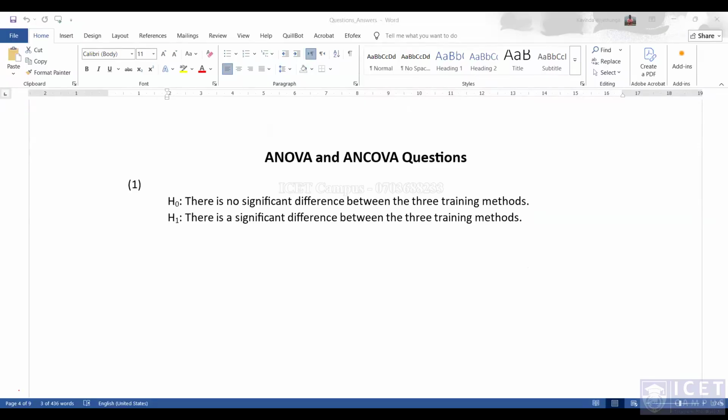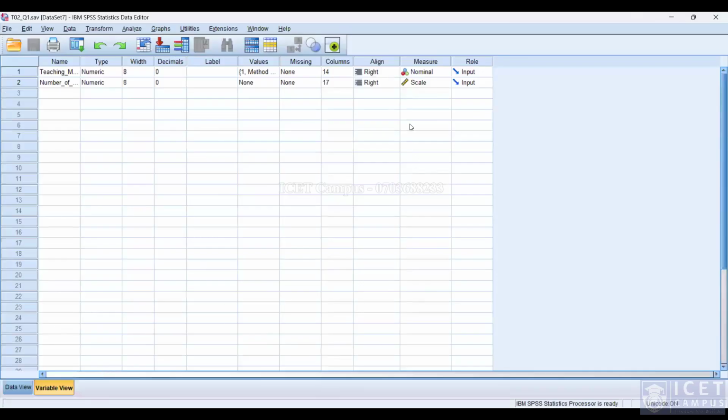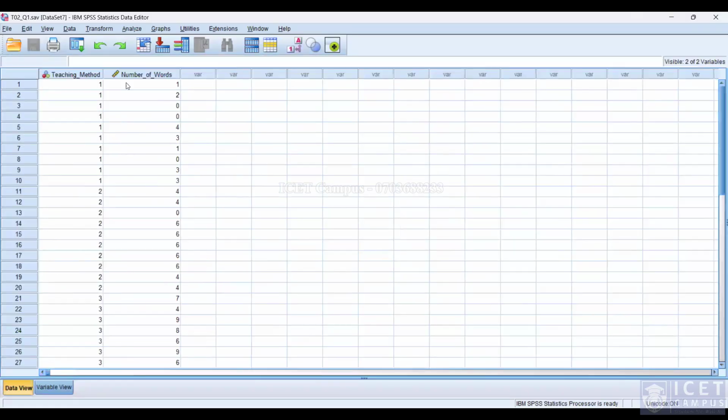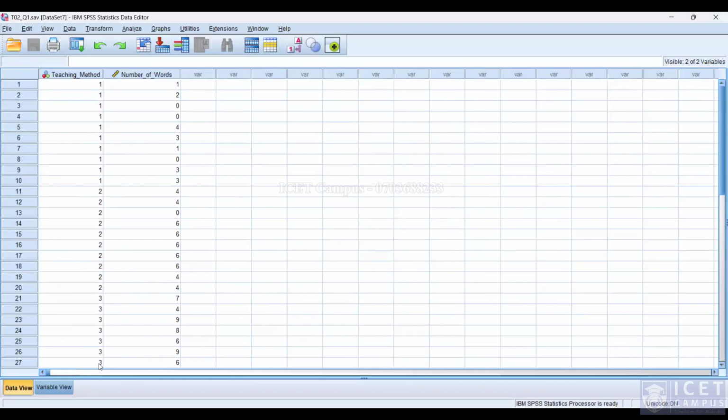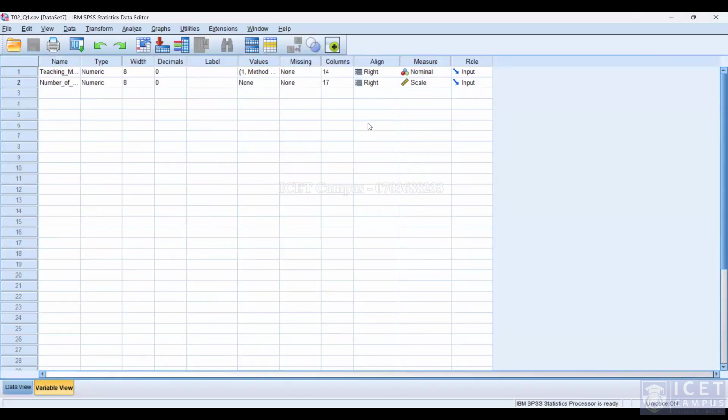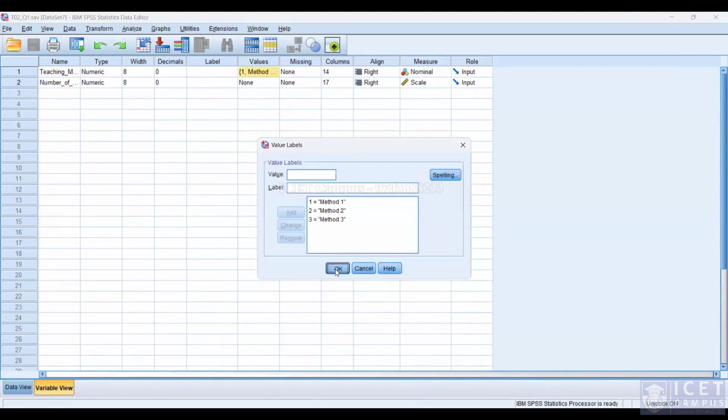We can enter the data: teaching method and number of words. Under the values, we can say 1 for method 1, 2 for method 2, and 3 for method 3.